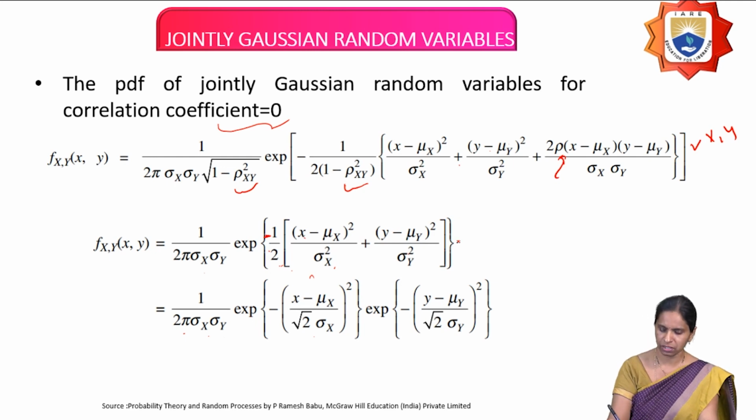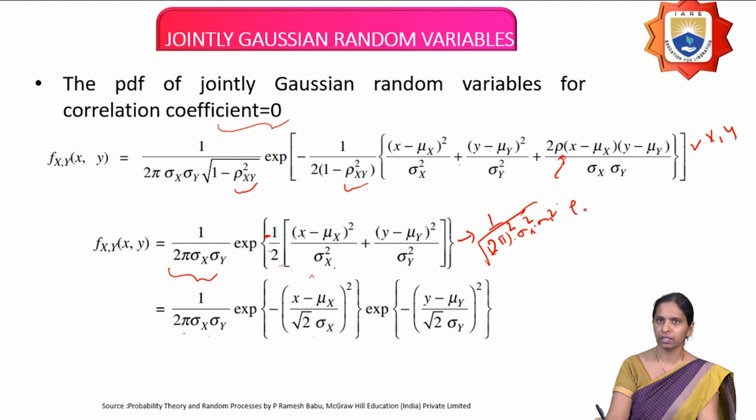You can write 2 pi sigma x sigma y as the square root of 2 pi square into sigma x square into sigma y square, into e power minus x minus mu x square by 2 sigma x square into e power minus y minus mu y square by 2 sigma y square.